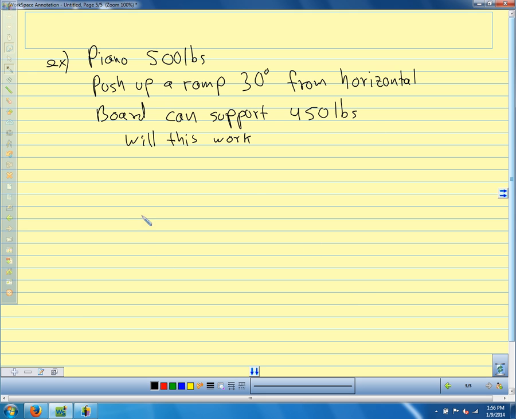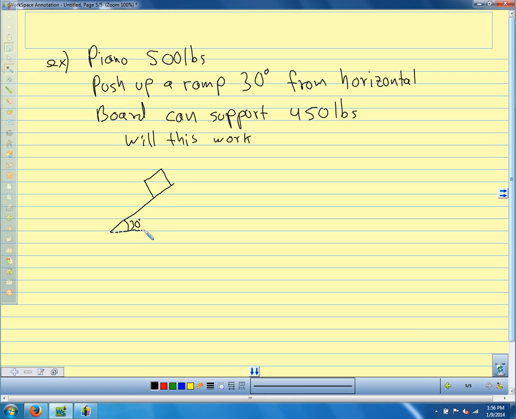So let's draw a picture. Here's our ramp. Here's our piano sitting on the ramp. That's the back. It's an upright piano. That's the back of the piano. That angle is 30 degrees.